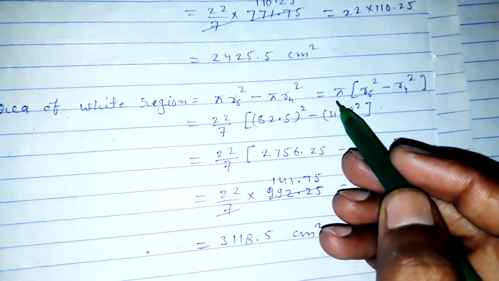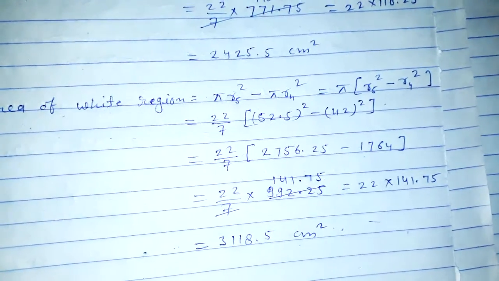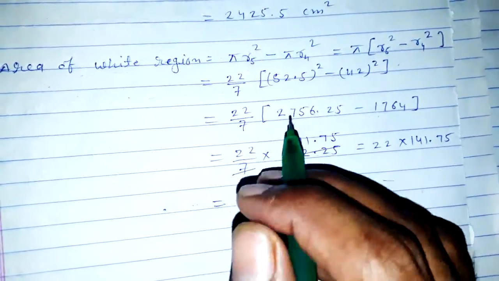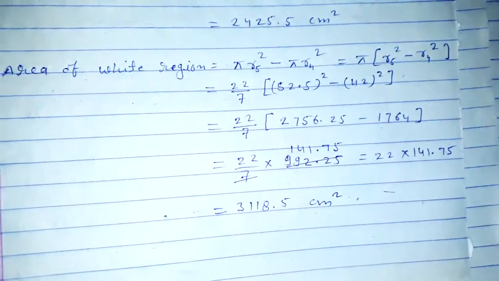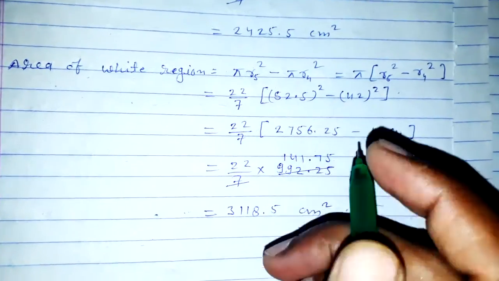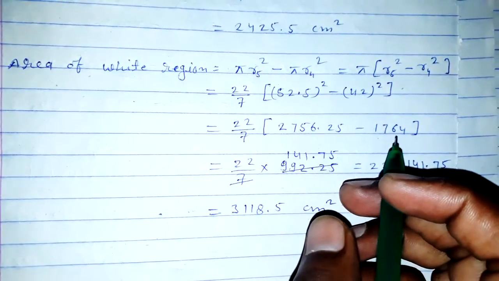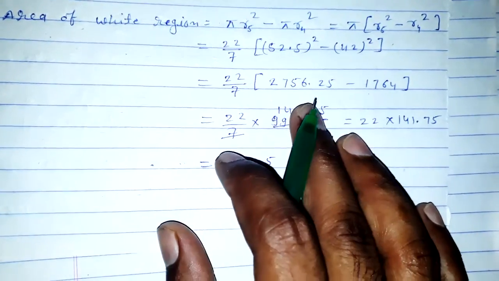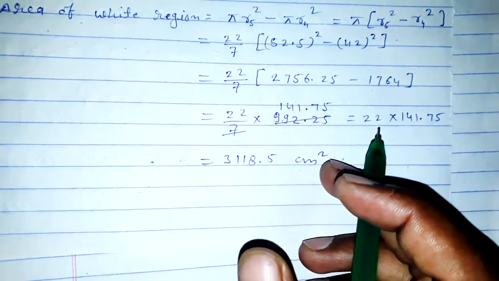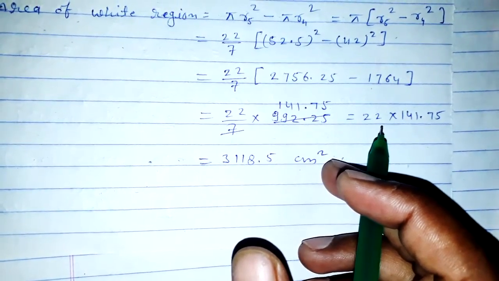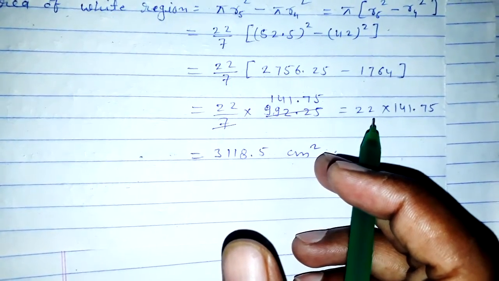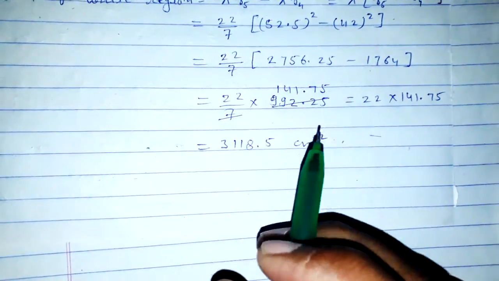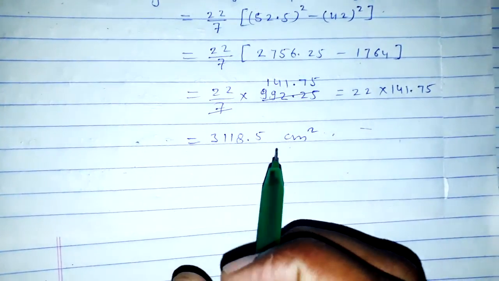So pi is common, so r5 square minus r4 square: square of 52.5 minus 42 square, so 2756.25 minus 1764. Subtract, divide, and multiply by 22, so this is 3118.5 centimeter square.